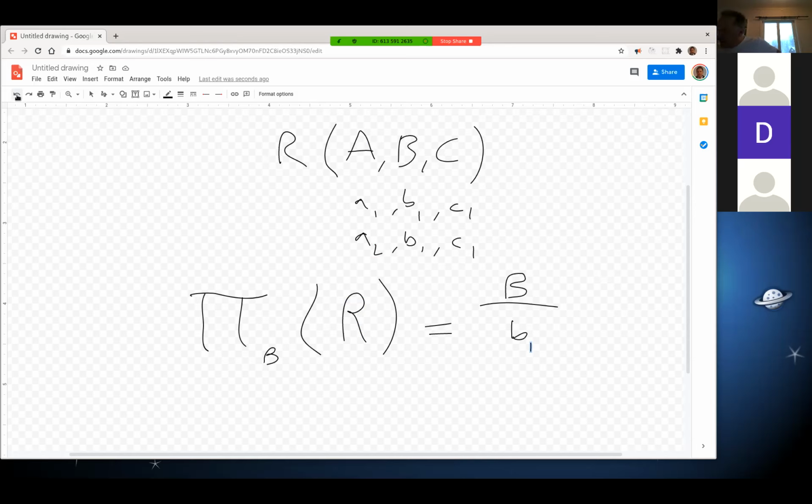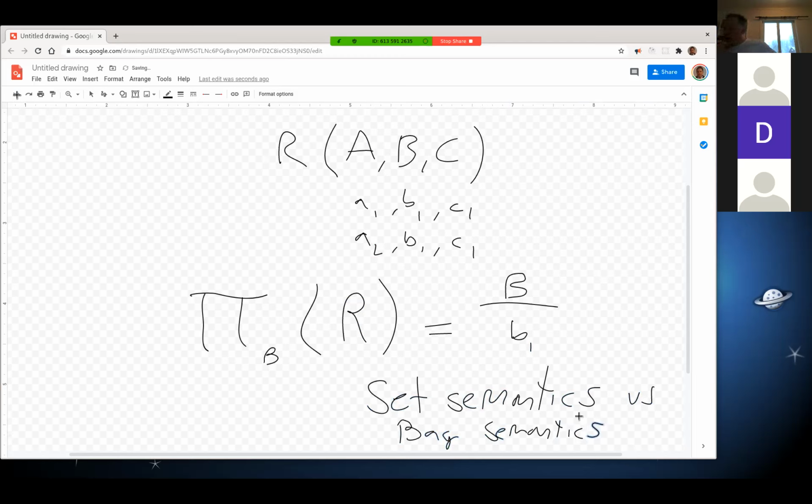So that comes down to set semantics versus bag semantics. When we talk about the core relational algebra, the idealized picture, we're dealing with set semantics.